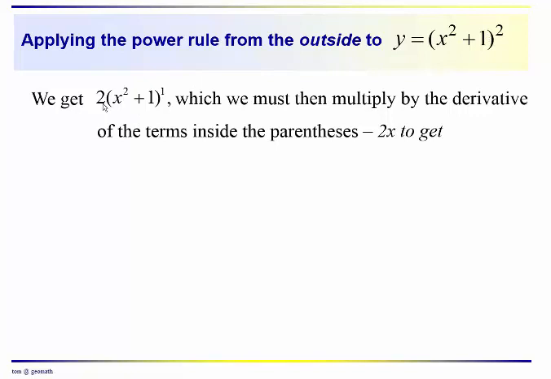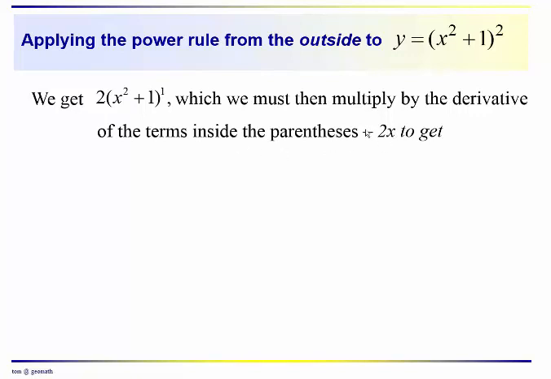So we multiply x squared plus 1 by the exponent 2 and reduce the exponent by 1, so we get 2 times (x squared plus 1) to the 1 power. But then we have to multiply that by the derivative of the inside terms, the terms inside the parentheses. When we take the derivative of x squared plus 1, we get 2x.